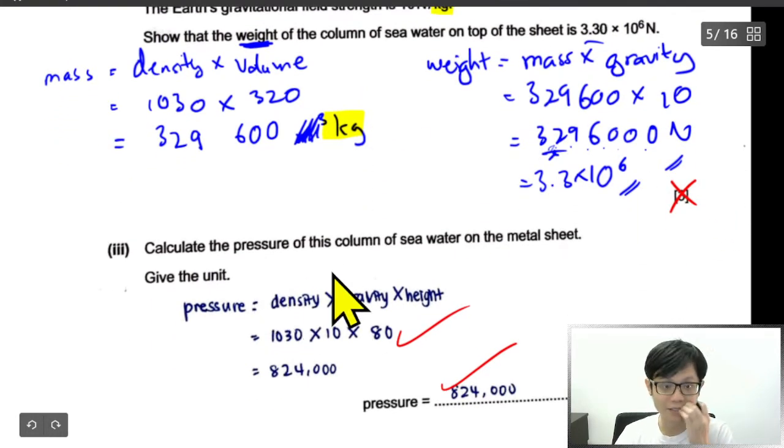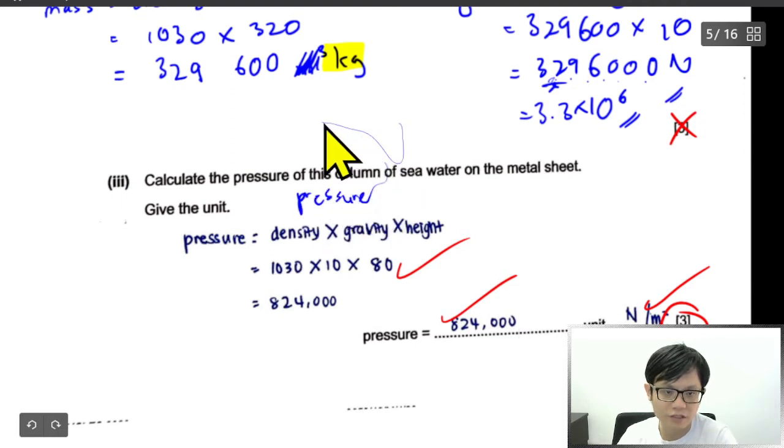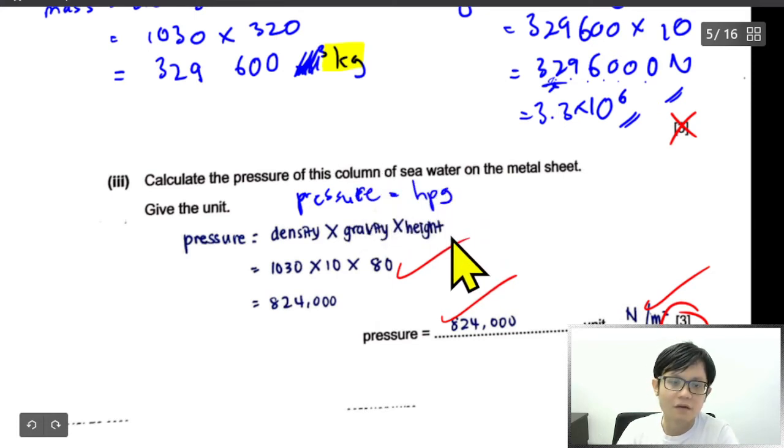Calculate the pressure on the column of the sea. So what is the pressure? Pressure equals to HPG.